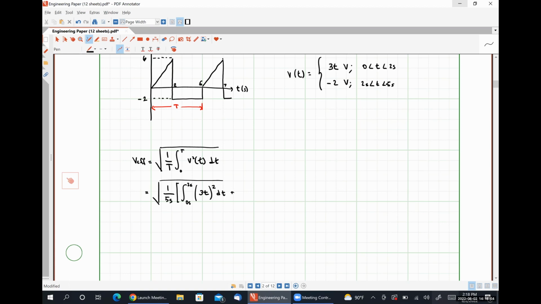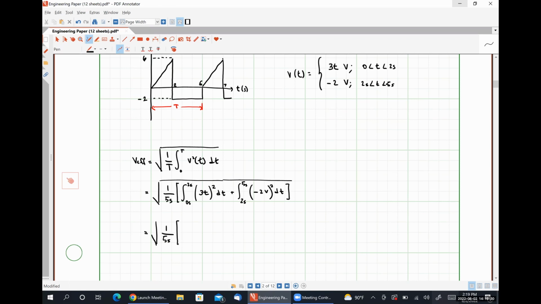And then I'm going to have the second part of my integration, where I'm integrating over the rest of our period, so from 2 seconds to 5 seconds. My voltage waveform is simply -2 volts, and I square that. So I'm going to have 1 over 5 seconds goes here.